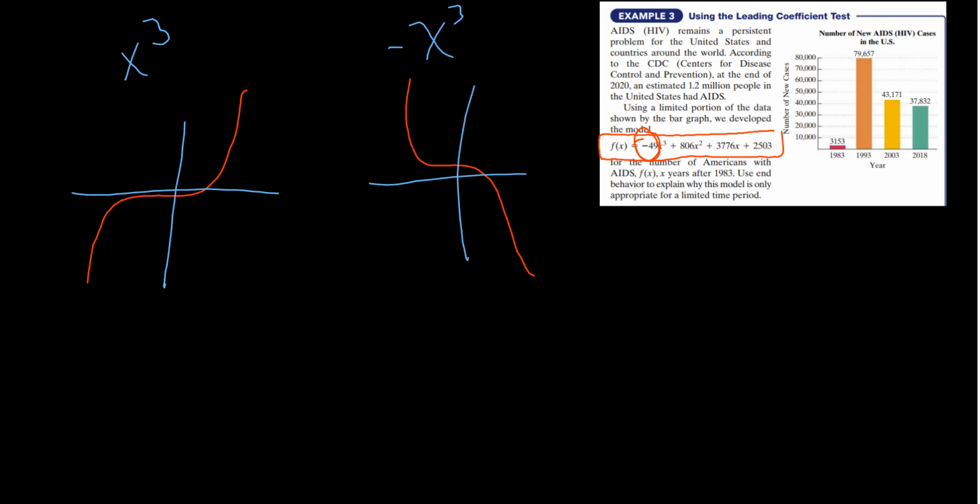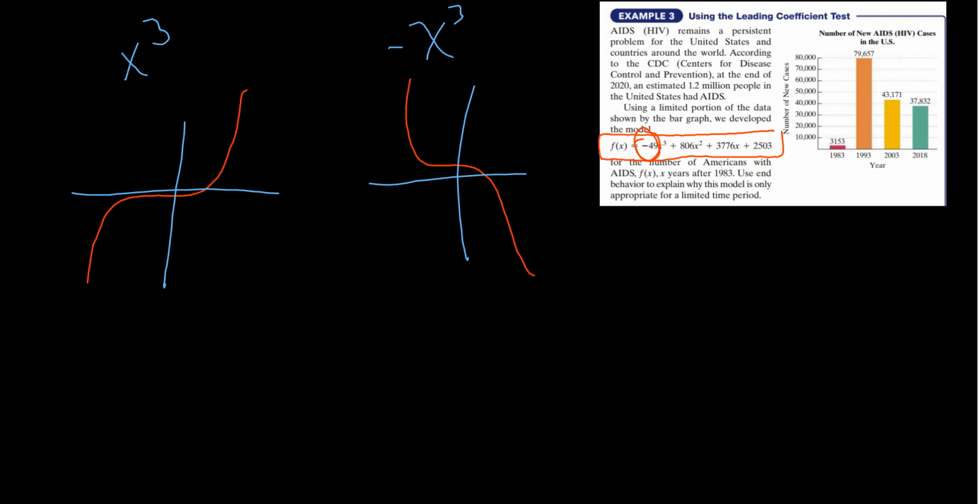Okay, so we see that's a negative there, so we can see that the end behavior is going to be this one, the up down. Because again, this is x cubed ish, and this is the negative x cubed. Again, we just flip it across the x-axis, and these are just rough drawings. I know, I'm sorry, but if we're just talking about end behavior, there's really no precision involved here.